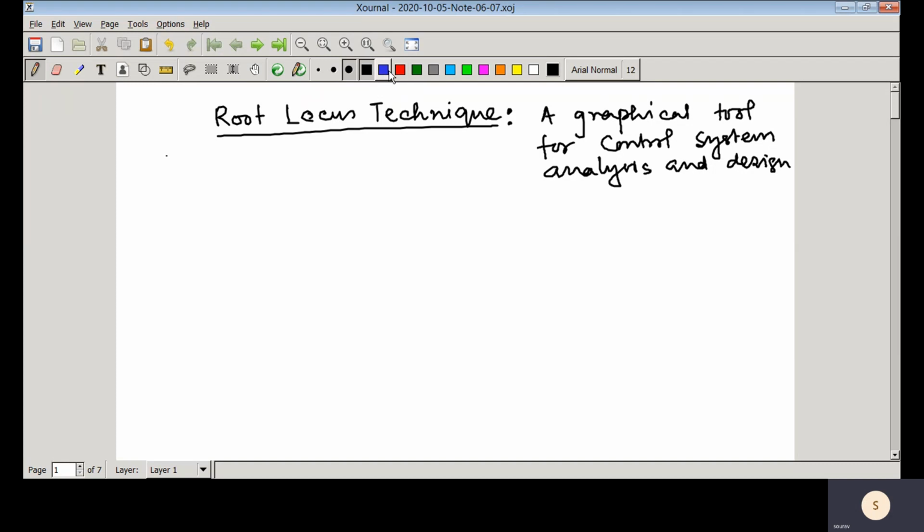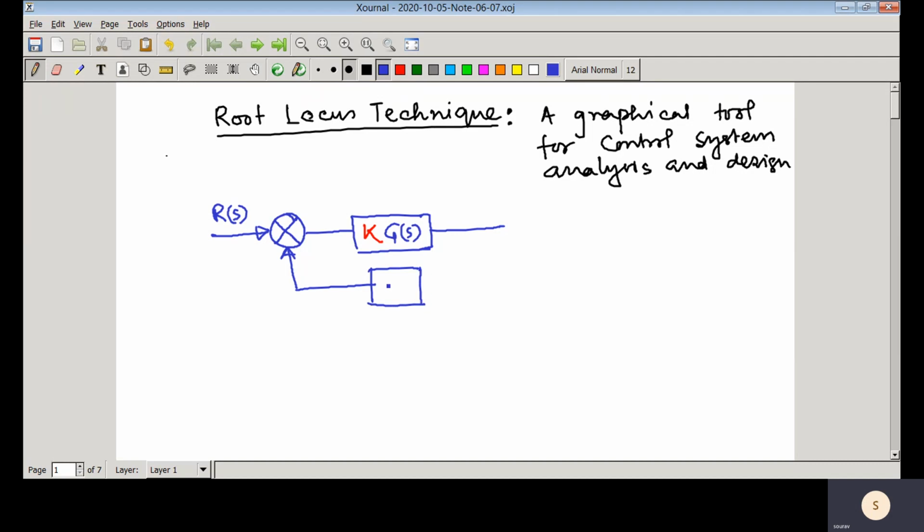So let us see a closed loop system. So this is the reference command, and we have a forward path transfer function, that is G(s), and we have one parameter involved in that forward path transfer function. So this is the closed loop. Suppose the feedback transfer function is H(s).